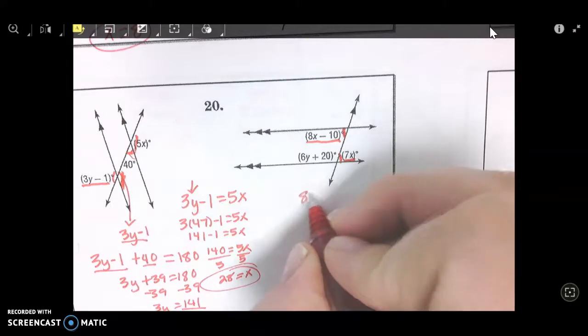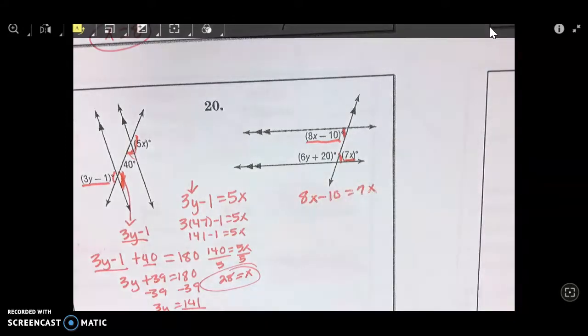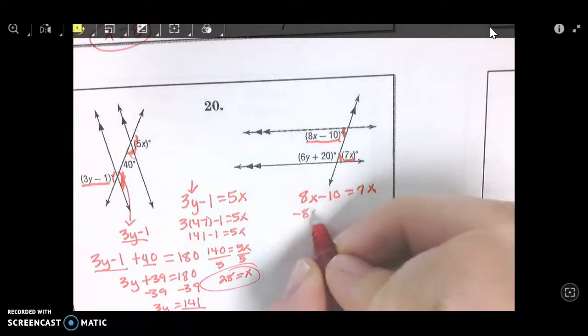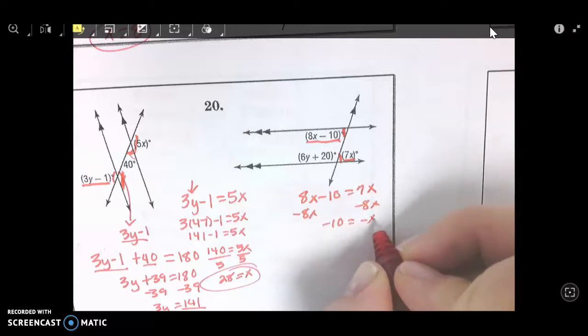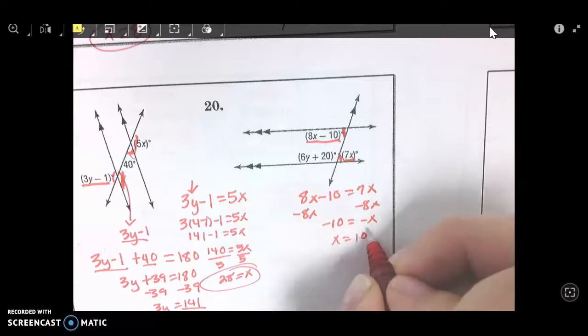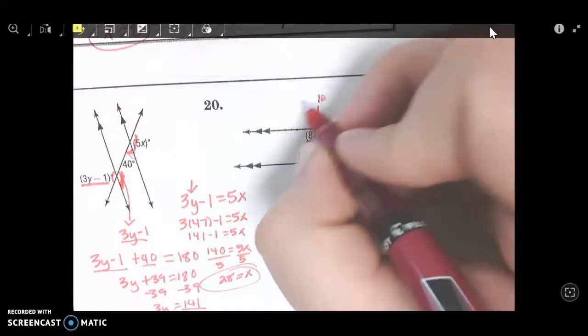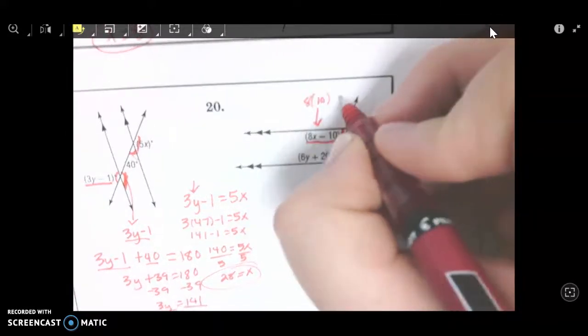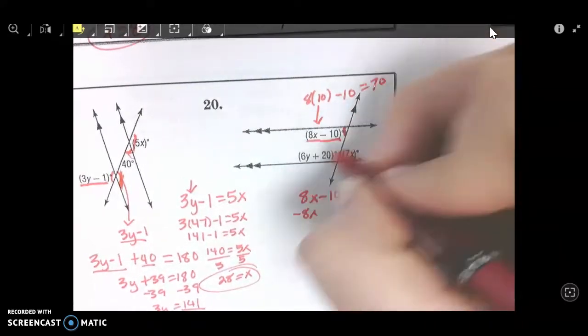So we can say 8x minus 10 equals 7x. Okay? So we're going to subtract 8x. We get negative 10 equals negative x, and x is just 10 here. Okay? So if you know that, we're going to plug in a 10 for x here. So that's going to be 8 times 10 minus 10. And that's just 70. So this angle is 70.